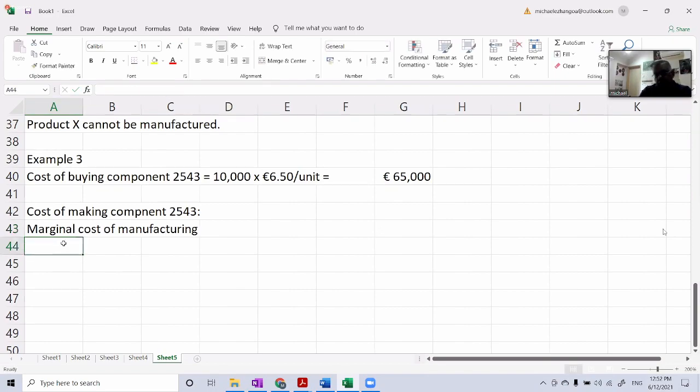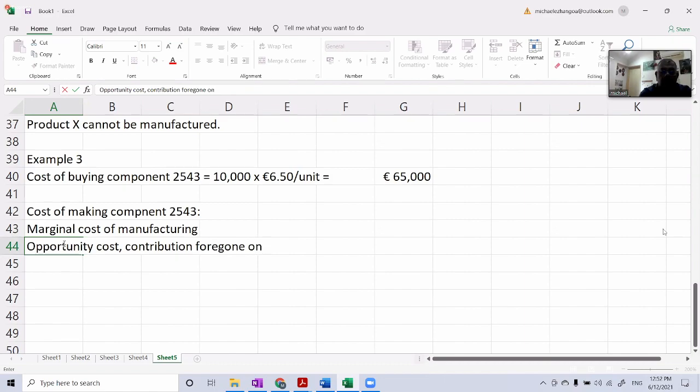And then we will have opportunity costs, contribution foregone on FP97.